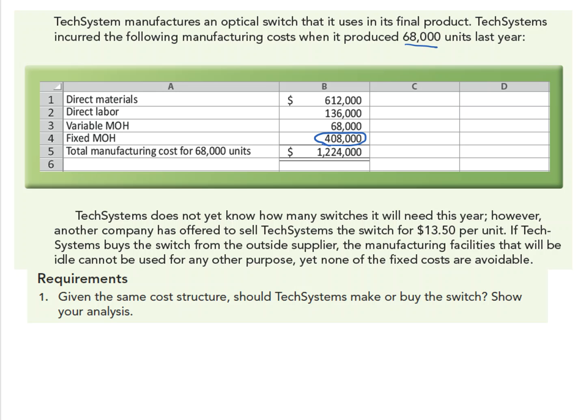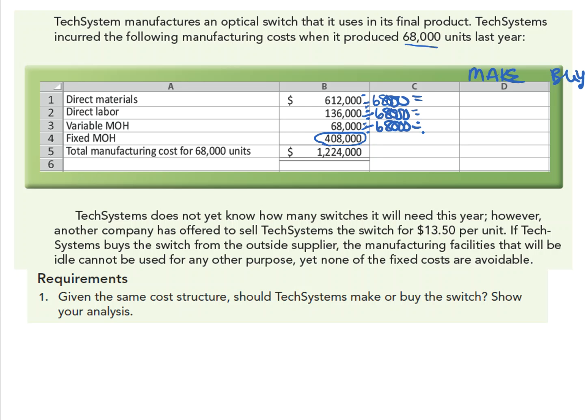I'm just going to make this one our make, and we'll put buy right here. The reason is because they didn't give these numbers to us per unit. So we're going to have to do some division and divide out all these costs by the 68,000 units. And if we do that, then we'll get our per unit costs.